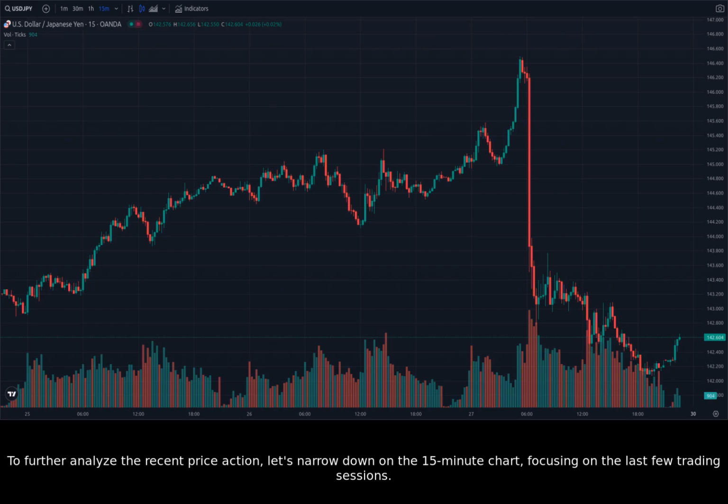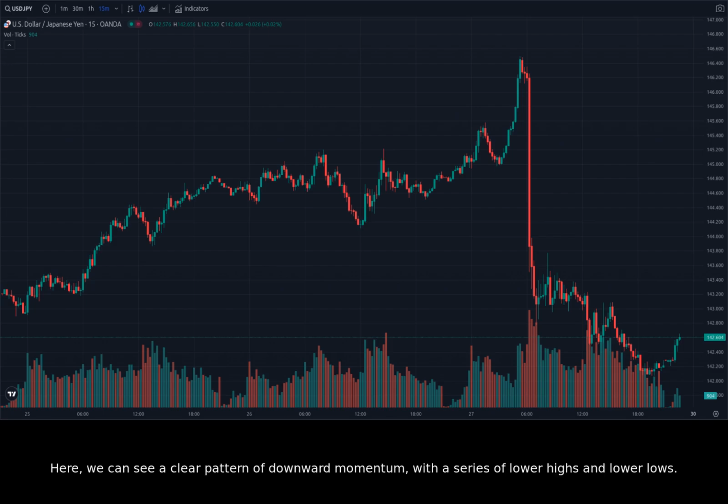To further analyze the recent price action, let's narrow down on the 15-minute chart, focusing on the last few trading sessions. Here, we can see a clear pattern of downward momentum with a series of lower highs and lower lows. This further strengthens the bearish bias and suggests that the bears are in control of the market. The price has broken below multiple support levels, indicating that the selling pressure is increasing.